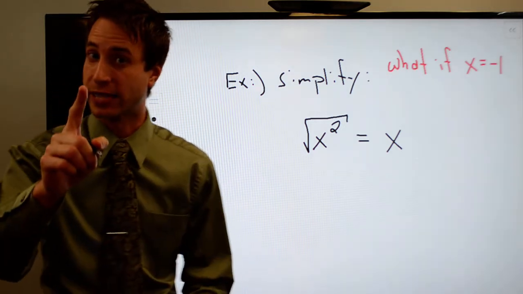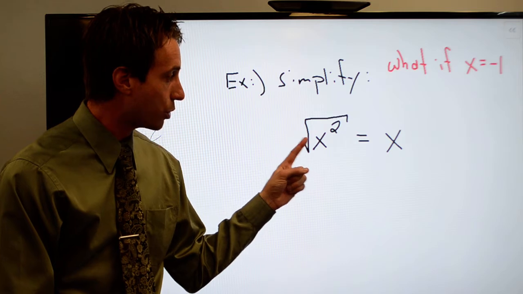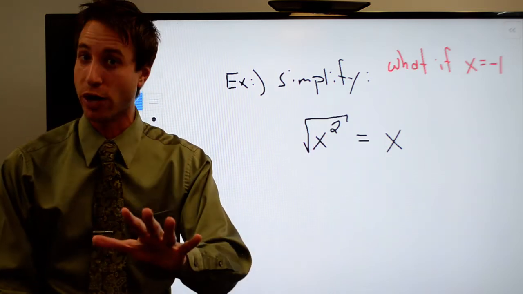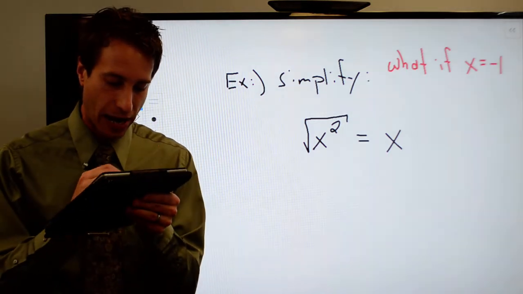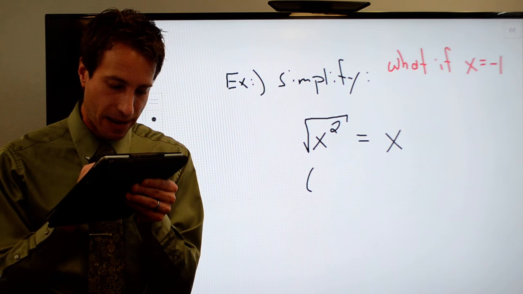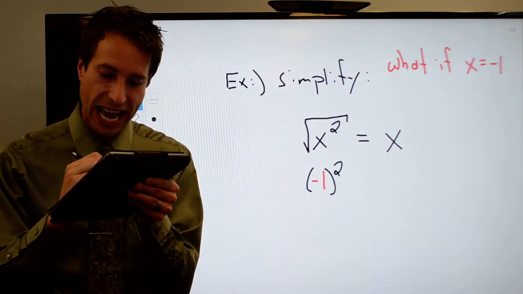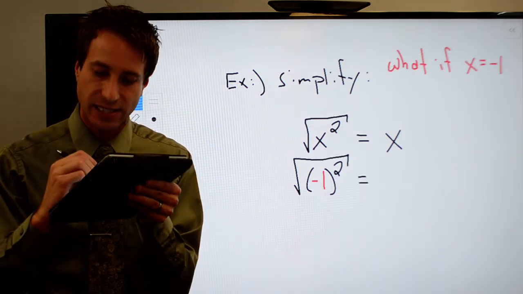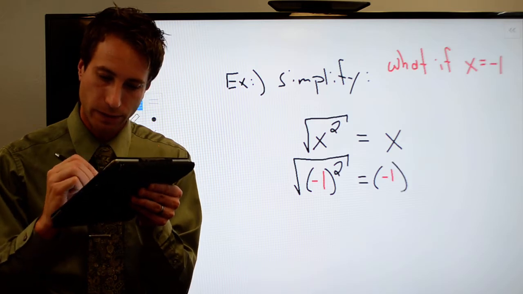Now remember what you just told me: that the square root of x squared is equal to x. That's what you're telling me. Let's plug in a -1 and see what happens. So right here, I'm now going to plug in a -1, which will be squared, and I will take the square root of it. And over here on this side, I'm going to plug in a -1.